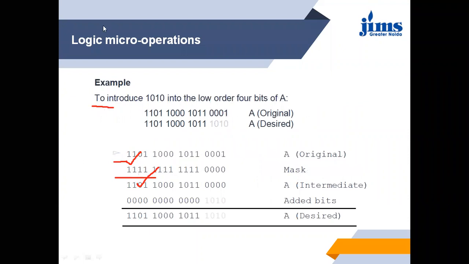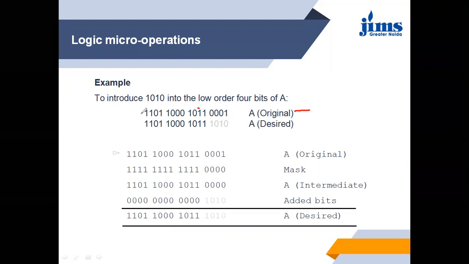So check the example now. There is a number A. Number A means this is a register A of 16 bits, where the values are 1101, 1000, 1011, and 0001.